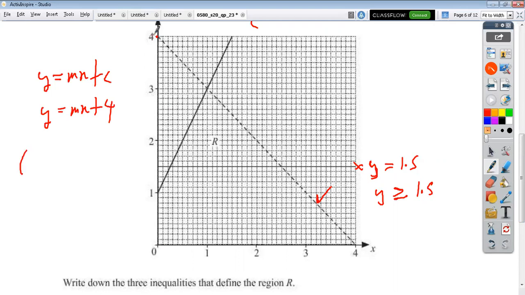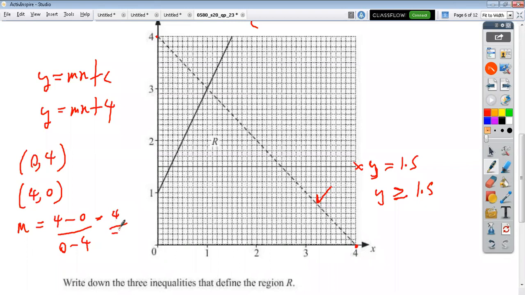The obvious one, 0, 4. Maybe this one also, 4, 0. Gradient m is change in y, so 4 minus 0 divided by 0 minus 4. That gives me 4 over negative 4. My gradient is minus 1.